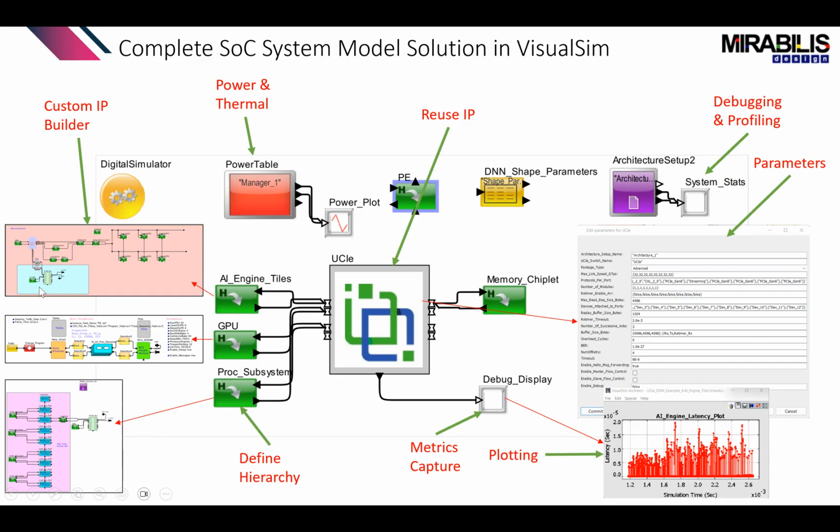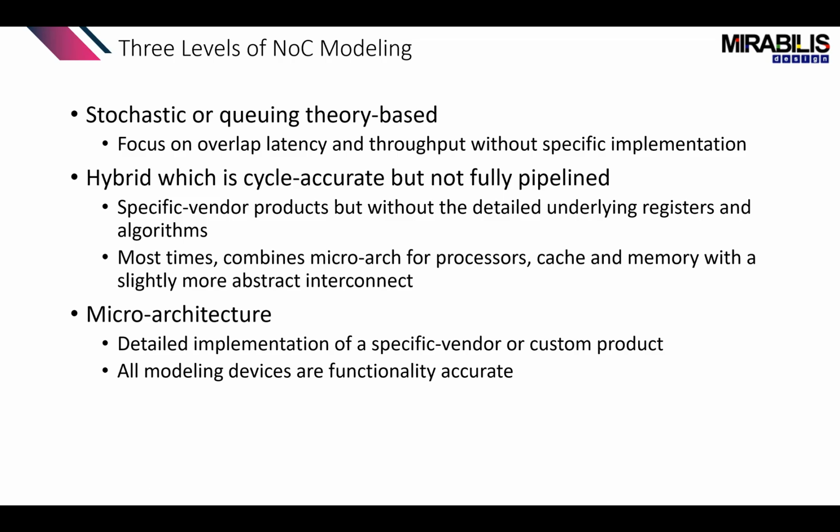You can also use the custom IP builder, in this case for AI engines, that can then go on to build up a very large system. And then there are utilities like power and thermal and a variety of other components as well. These are the basic building blocks that are required for you to be able to assemble your entire SoC within VisualSim.